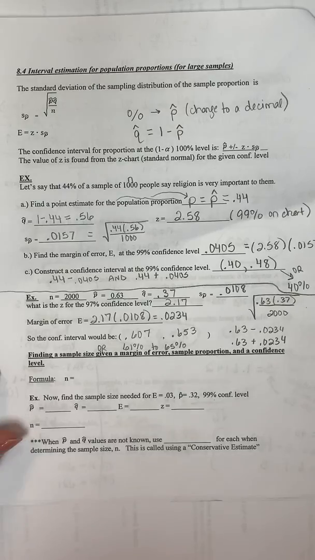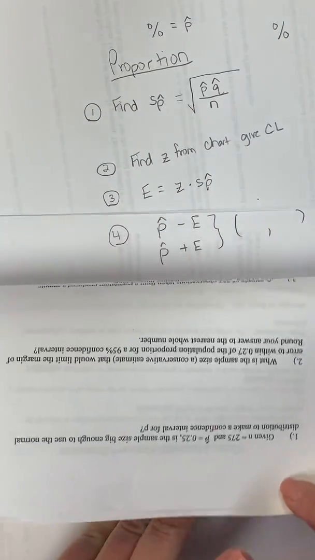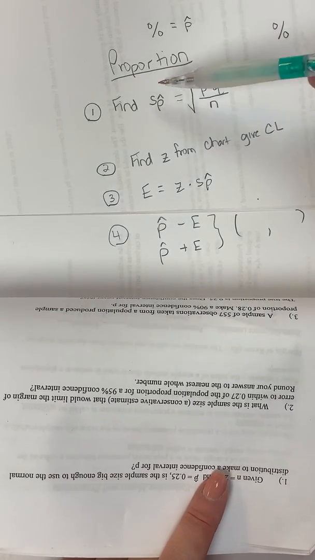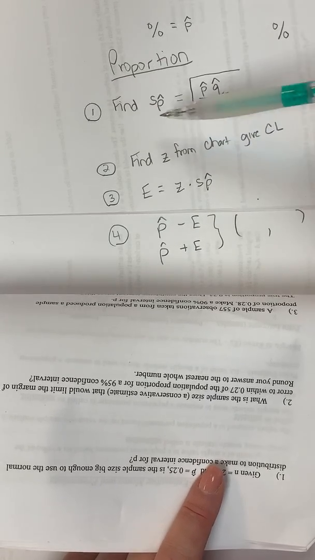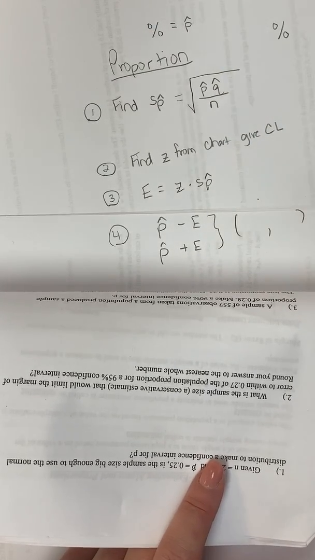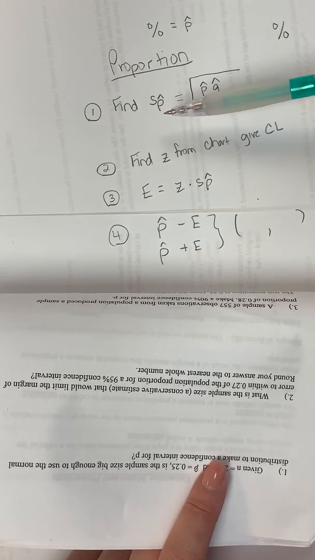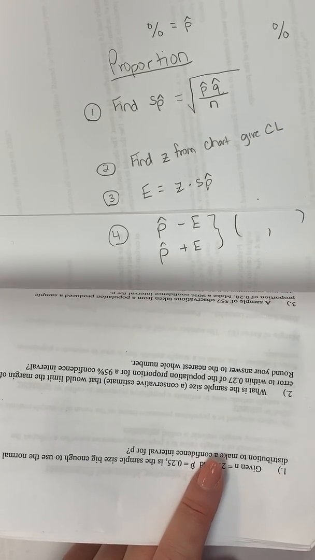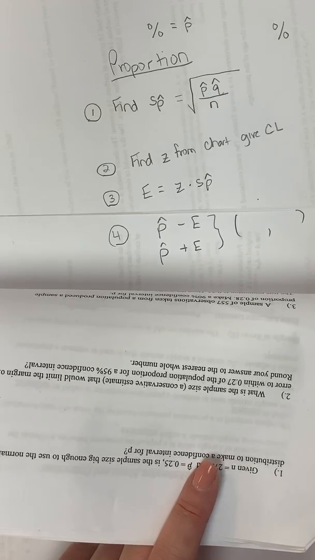I'm hoping that you're seeing a pattern in this, that no matter which one of the three you have, you are having to find the standard deviation of that sampling distribution, whether it be sigma x bar, S of x bar, or S of p hat in this case. You are having to calculate that every single time.